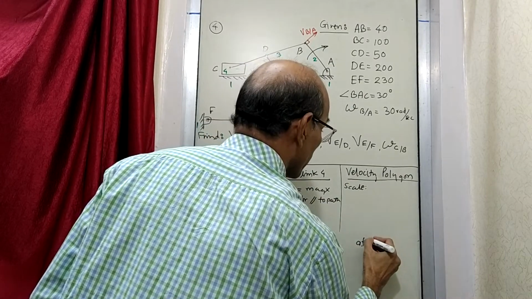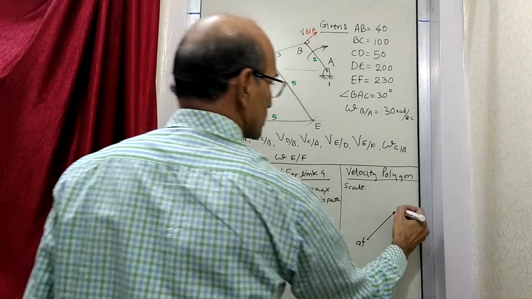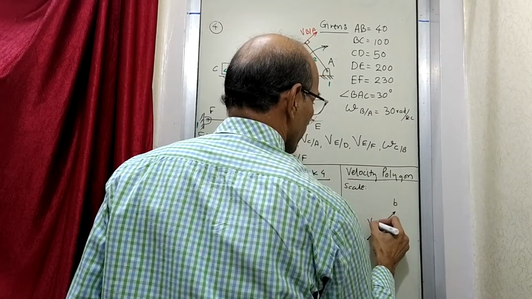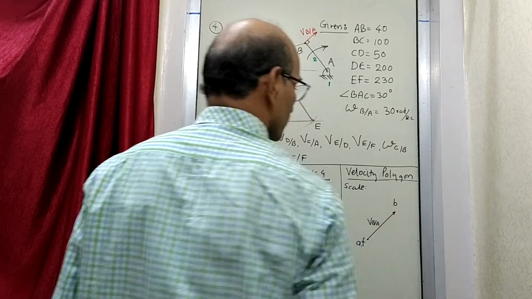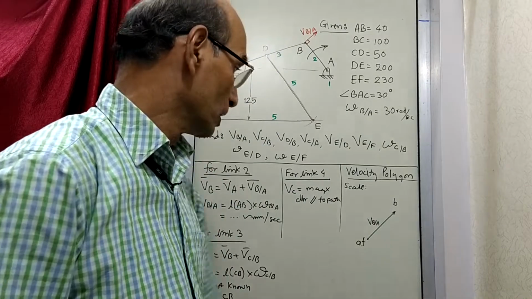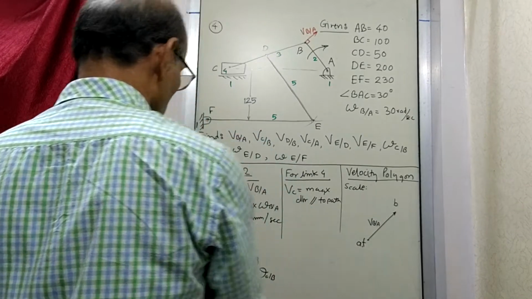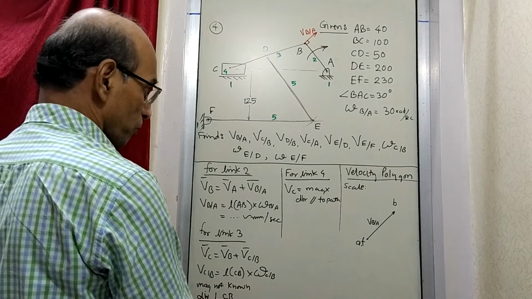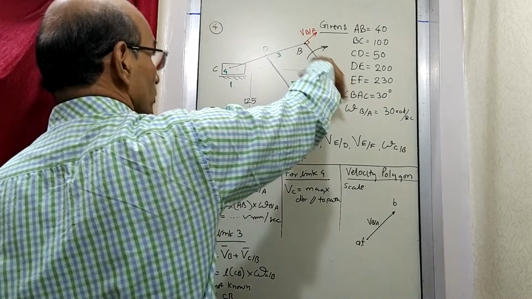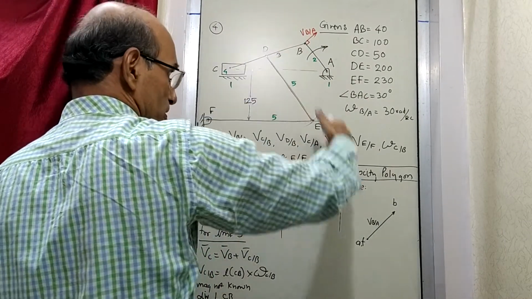So when you draw that, this could be the line, and this is going to be point B. And this is velocity of B with respect to A. After this, we can now go to this equation. Direction is perpendicular to CB. So from B we draw a line which is going to be perpendicular to link CB, like this.